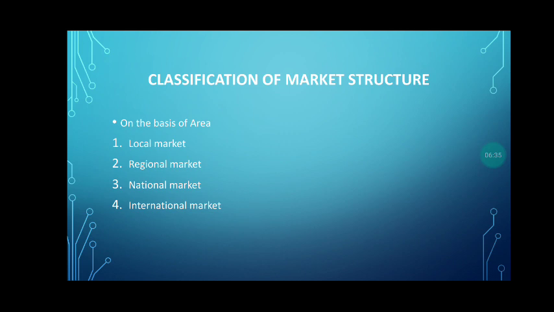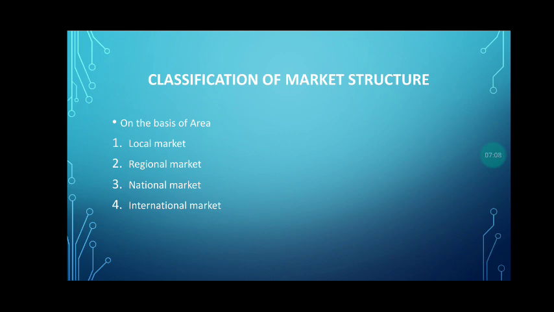Like if you are talking about the market of Wardha, okay, it is an example of local market, and the goods and commodities which are traded in the local market are generally of perishable nature. It may be fruit, vegetable, fish, etc. Okay, so these are the different types of perishable goods which are generally traded in the local market, and local market is confined up to a local area.